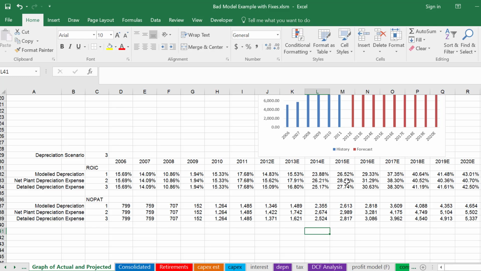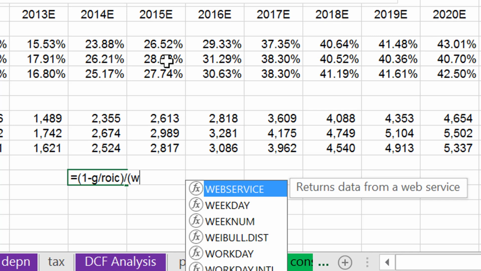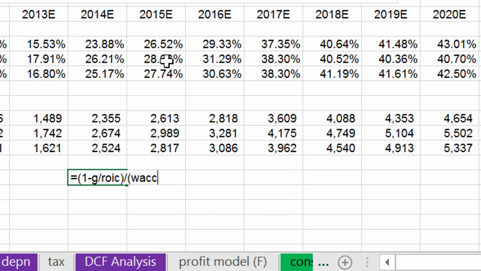Don't think people are so smart that they can have competitive advantages when they really don't, when their business is getting Uberized. 1 minus G over ROIC divided by WACC. It doesn't work. Minus G. And I shouldn't have put an equal sign in here, should I?